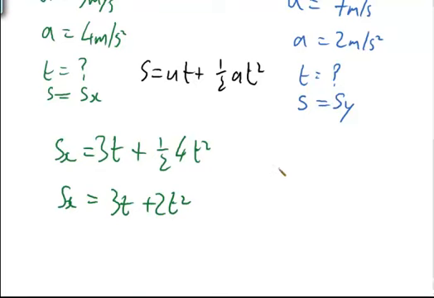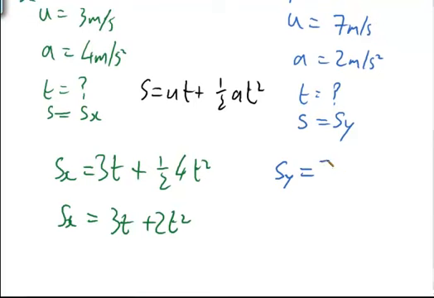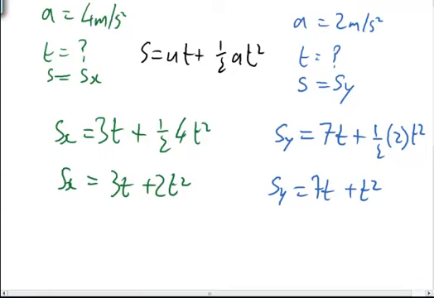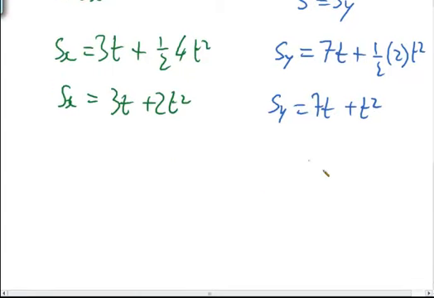For y, very similar. Sy is equal to 7t plus 1/2 times 2 times t squared. Sy is equal to 7t plus t squared. The crucial thing for this question is you have to spot it at the start: the distance x covers plus the distance y covers is equal to 400 meters.